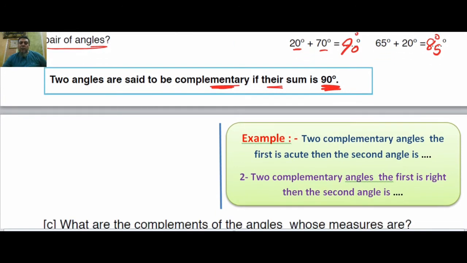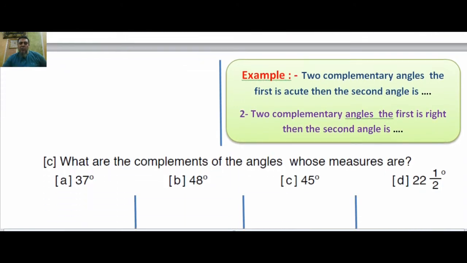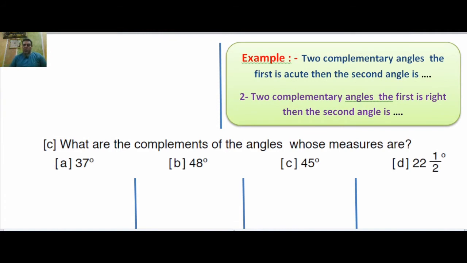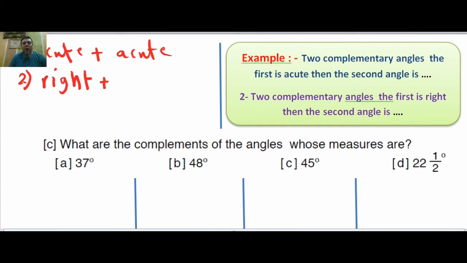We note that from the previous definition, in two complementary angles, if one of them is acute, the second is acute. Number two, if the first one is a right angle, what's the type of the second angle? Zero. So we note that for two complementary angles, if one of them is acute, the other is acute.